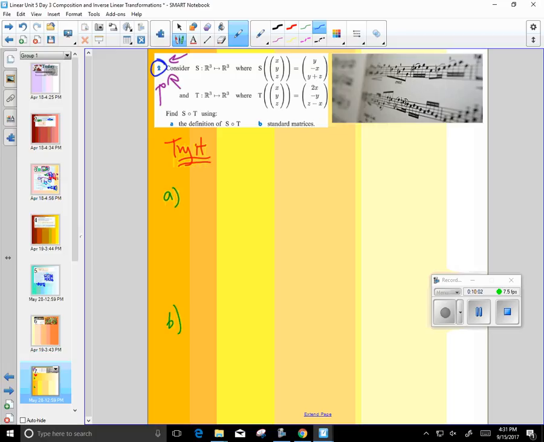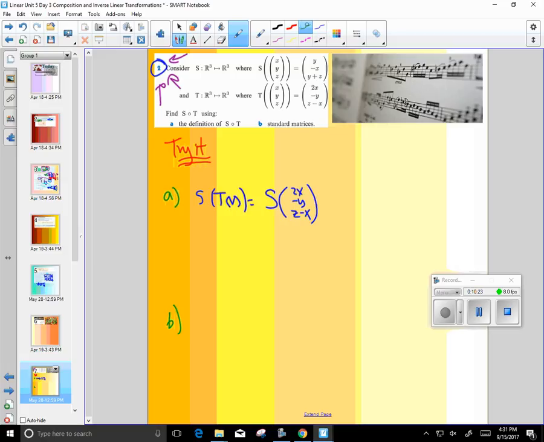So in the first one, what I would do is I would say S of T of V is what we're looking for. So it's S of, well, T of V is (2x, negative y, z minus x).